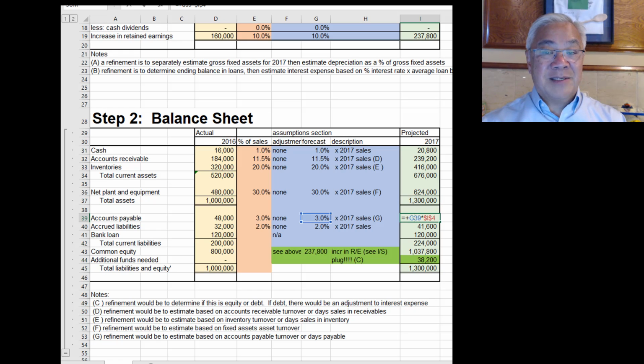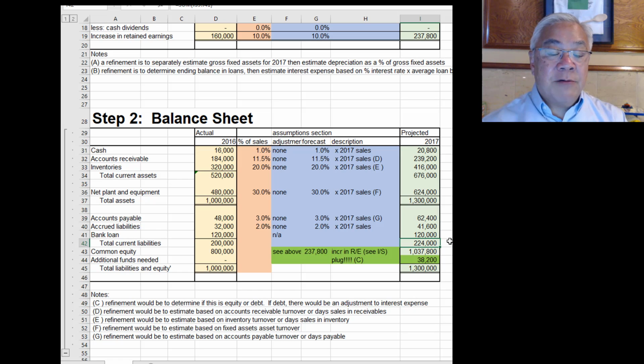AP, guess what? Percent of sales. In this case, 3% of sales. Accrued liabilities, 2% of sales. Bank loan, assume no change. We made that assumption previously in the interest expense, and we do the same here in a bank loan. Total current liabilities would then be the AP, AL, and bank loan.